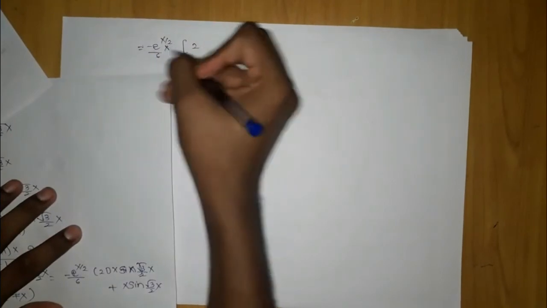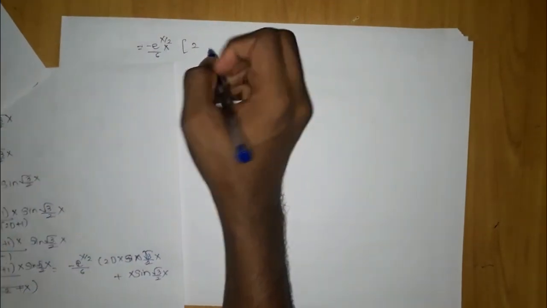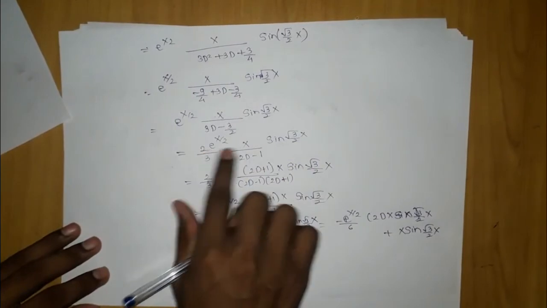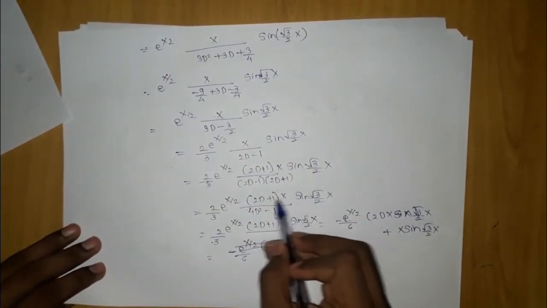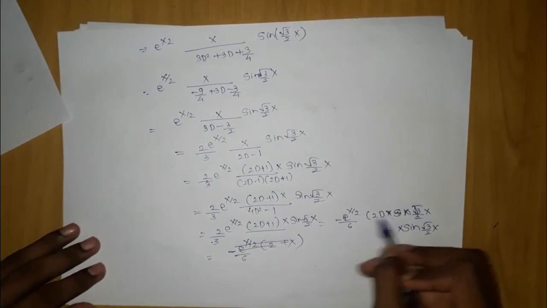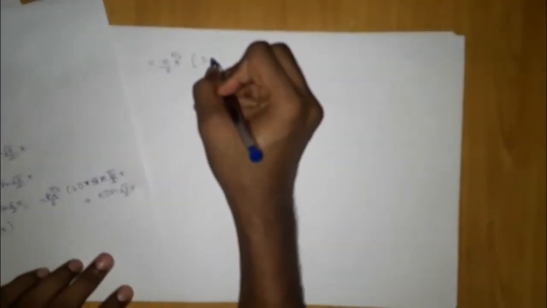If we take the x outside, then we will multiply this here, because in this step, if you see, x was multiplied, so at that step only we have to take x. You should never multiply both of them simultaneously. If you do that, you will get the wrong answer, like we did here. The x should be with this. First you have to differentiate this, then you will multiply. Keep that step in mind.